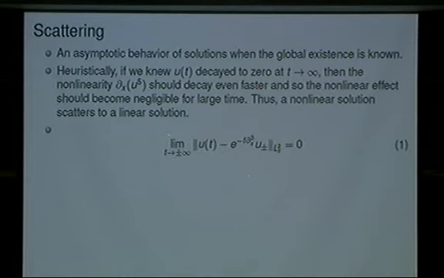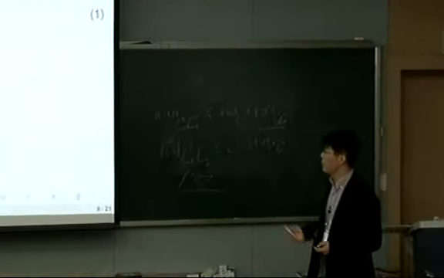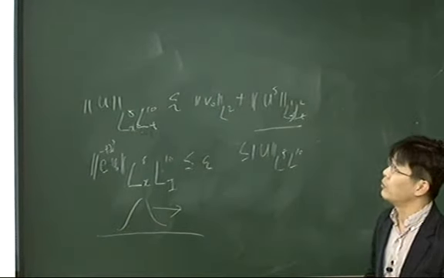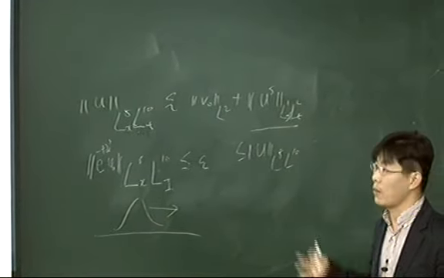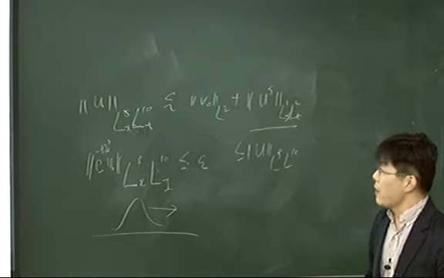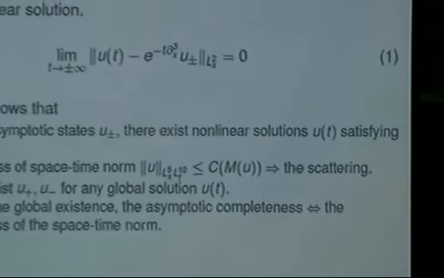So the Soliton solution, if it just travels without decay in the infinity norm, is the simplest counterexample of scattering. Once you have a Soliton, there is no scattering. So this is a qualitative definition of the scattering.